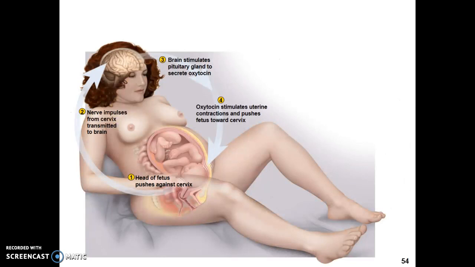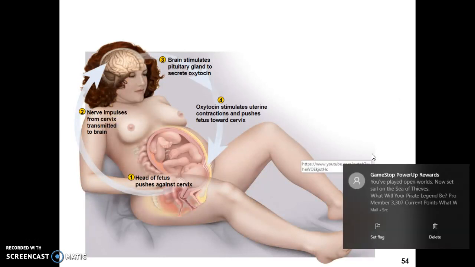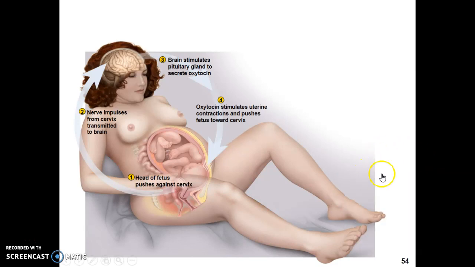Another example is labor. So with labor and delivery, we start with the baby releasing chemicals that stimulate the body to start releasing chemicals.